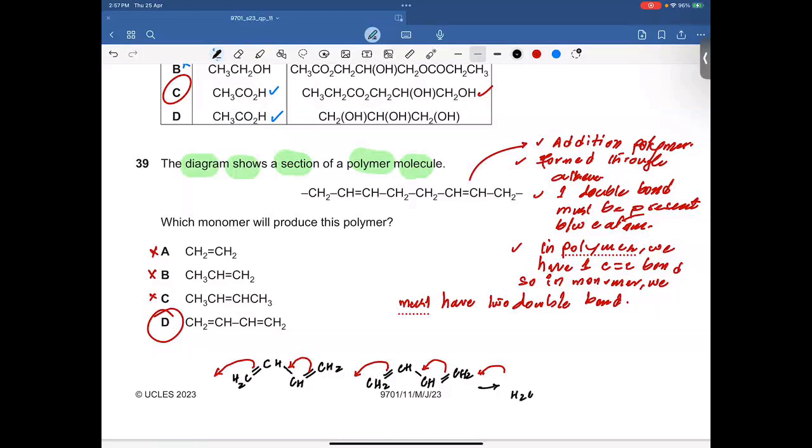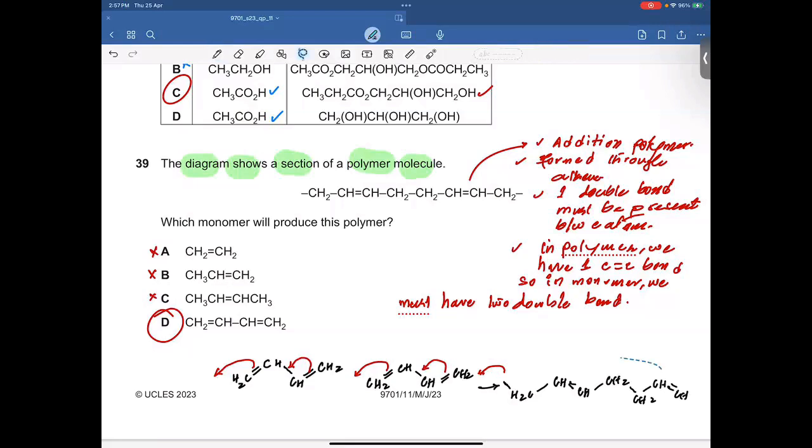CH2, this bond continuation. Then we have CH. Then we have a double bond after shifting. Then we have CH2. Then we have CH2. Then we have CH, double bond, CH.